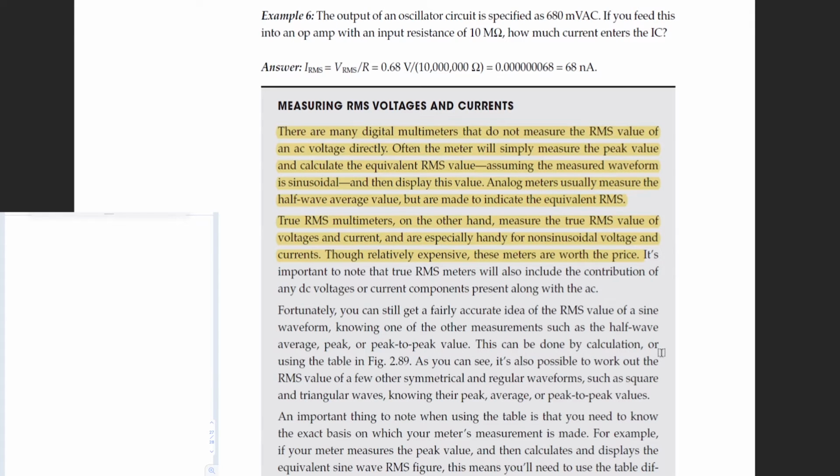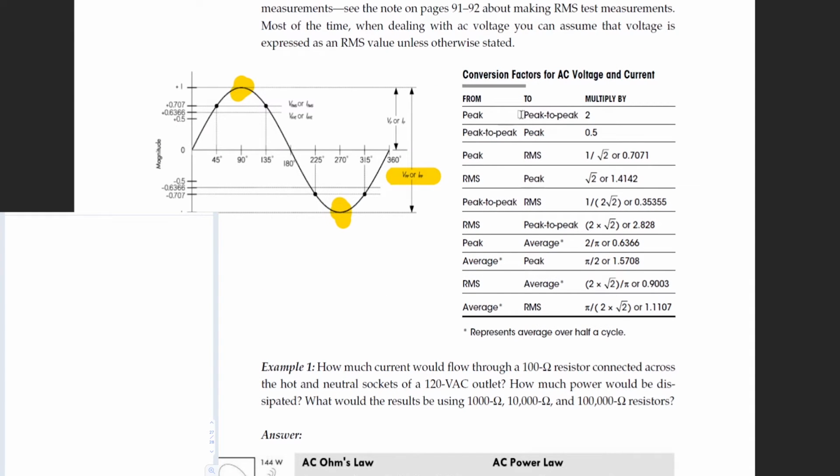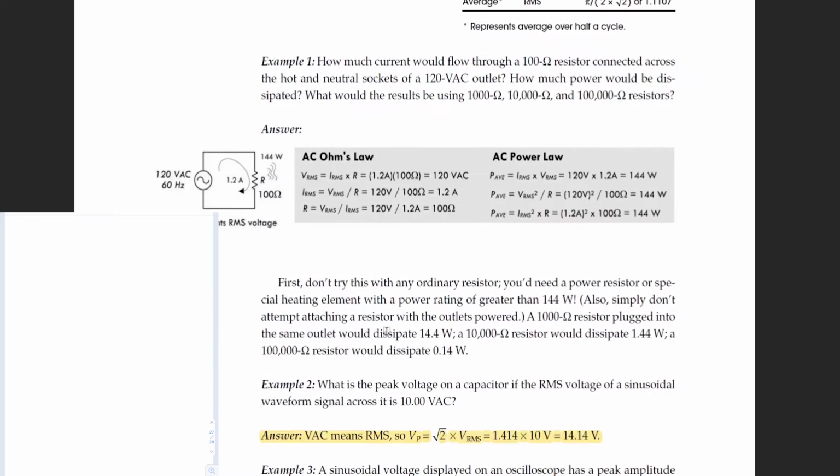I don't really know what half wave is. We had the relationships. Let's look at the relationship table up here. It didn't mention half wave.